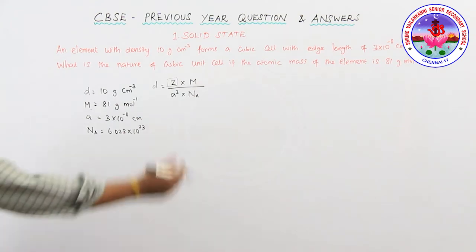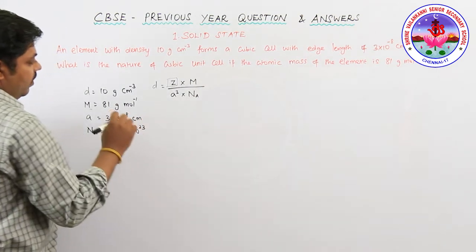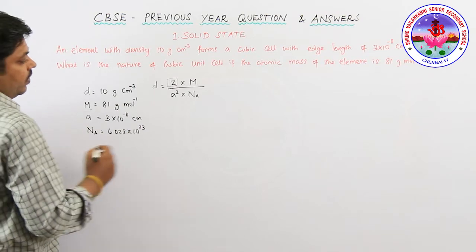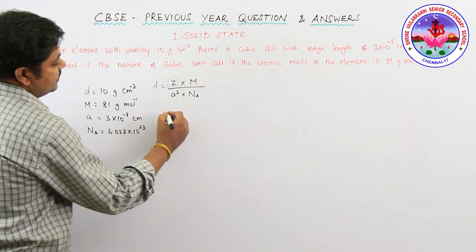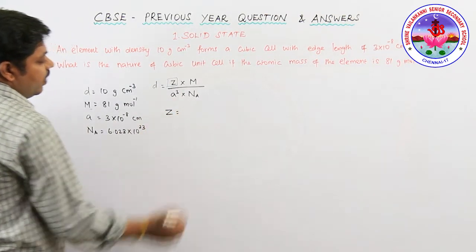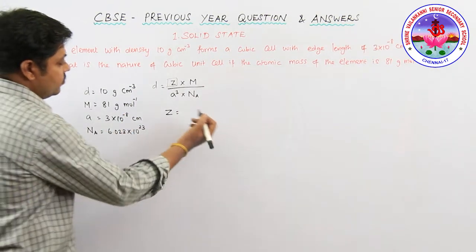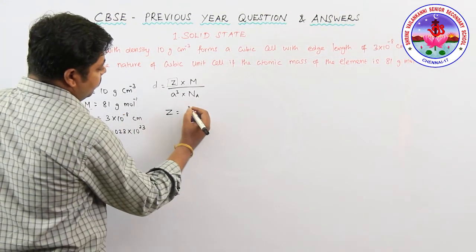Then apply these values, and before that you have to rearrange the formula, because we want to find out Z. This rearranged formula carries half mark, so usually you have to write the rearranged formula.